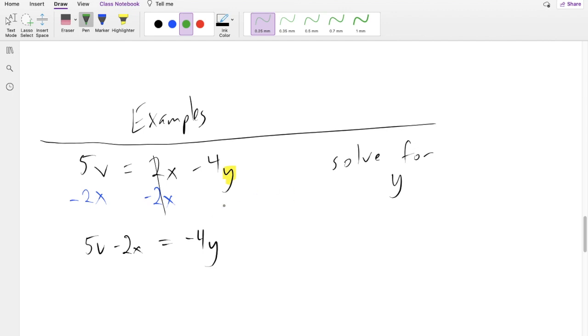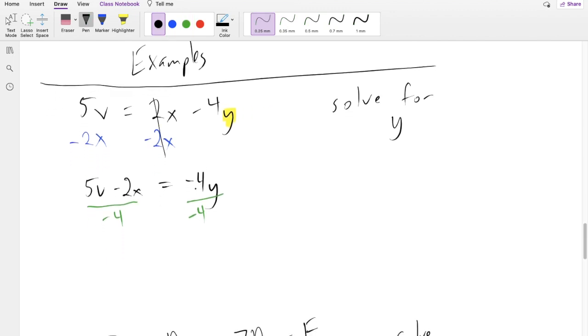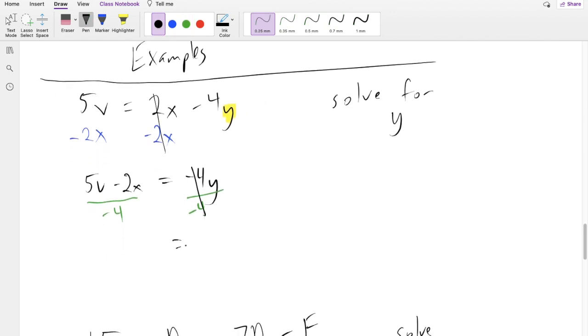So the last thing I need to do is get rid of this negative 4 that's being multiplied. The opposite of multiplication is division, so I'm going to divide both sides by this negative 4. On the right side, the negative 4's would cancel, leaving me with just y. And on the left side, I'm going to distribute this negative to everything in the numerator.